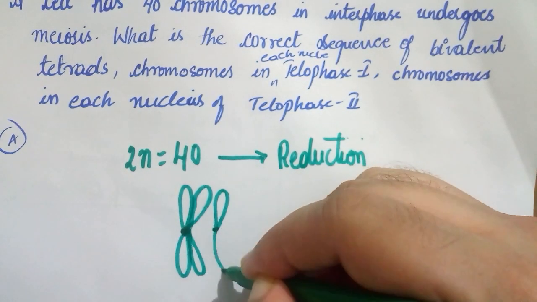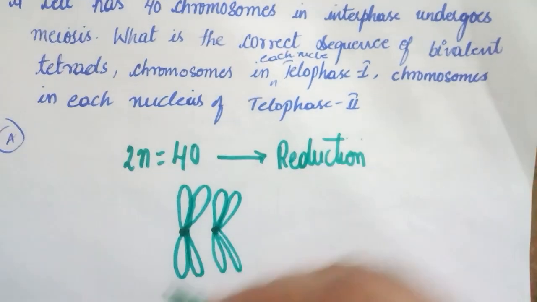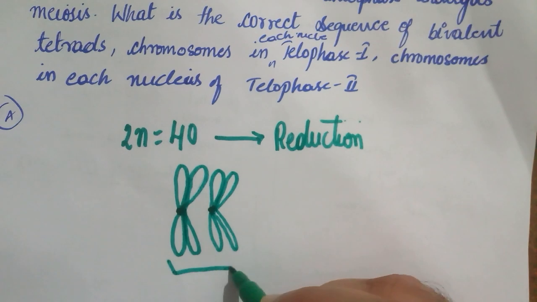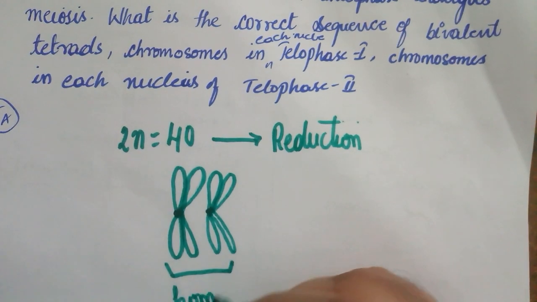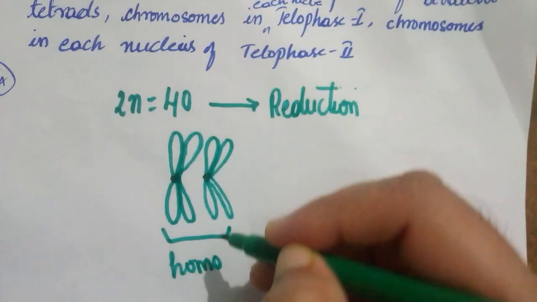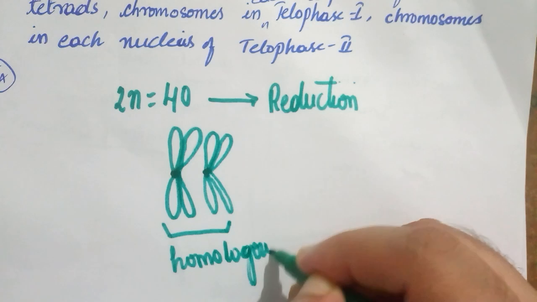Okay, and this is another chromosome with two chromatids. Now these two together you call it a homologous pair.